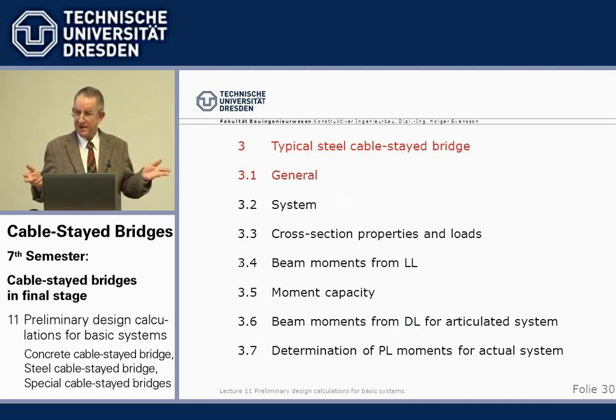Together with the sizing of the stay cables I've shown you before, that's all we need to preliminarily size a cable-stayed bridge. And the detailed computer calculation, which of course will always be done, shall not give significant differences. Thank you.